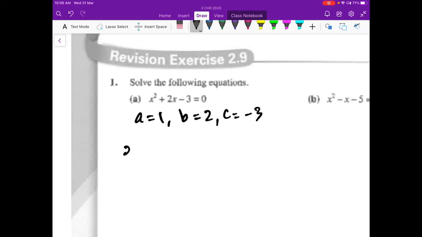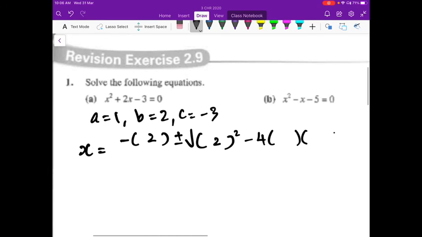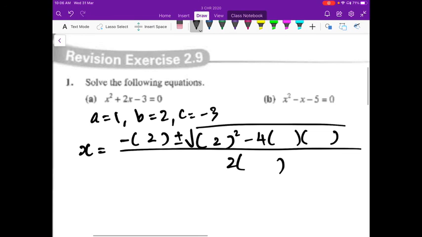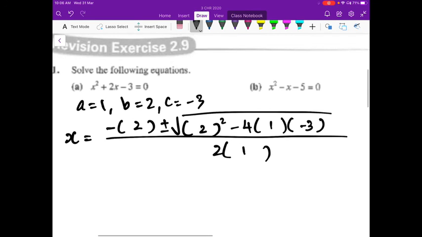So right now, X equals minus B, which is 2, plus minus square root B squared minus 4AC over 2A. So A is 1, C is -3, A 1 again. Simple, right? Identify ABC, put it into the formula.